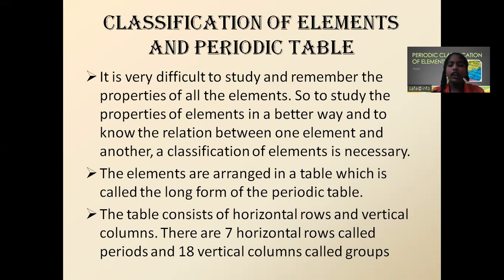There are 7 horizontal rows called periods and 18 vertical columns called groups. In chemistry, we call horizontal rows periods and vertical columns groups. So there are 7 periods and 18 groups.